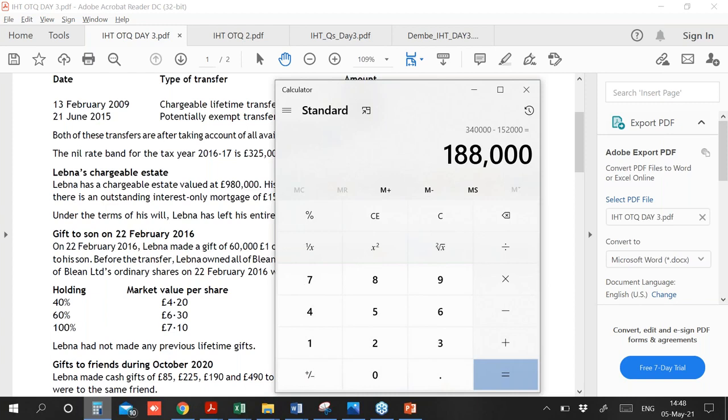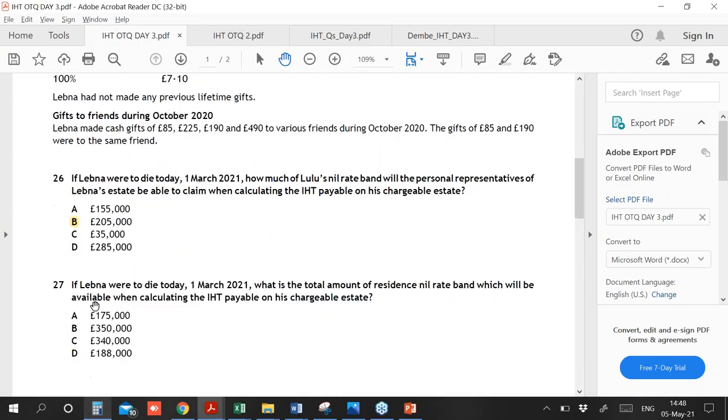Although I had 350,000 of RNRB, my property is not that much, so the RNRB will be restricted to 188,000. So the answer of 175,000, that he only has his own RNRB, is wrong. 350 is wrong, that he'll have the RNRB of both. The correct answer is 188.